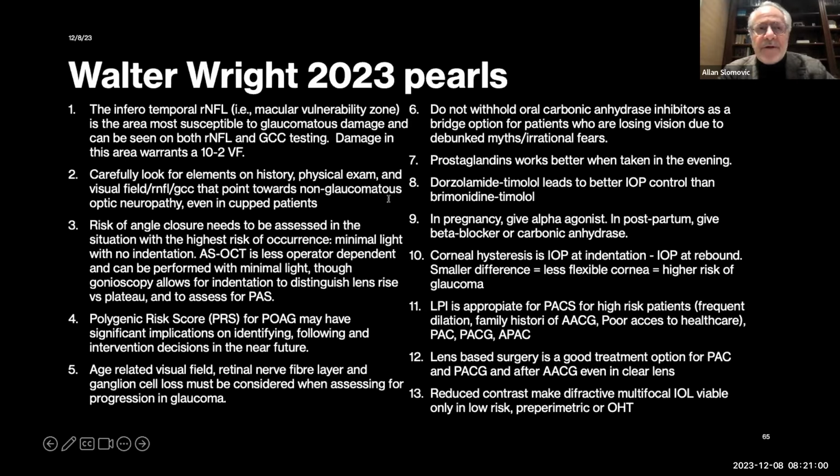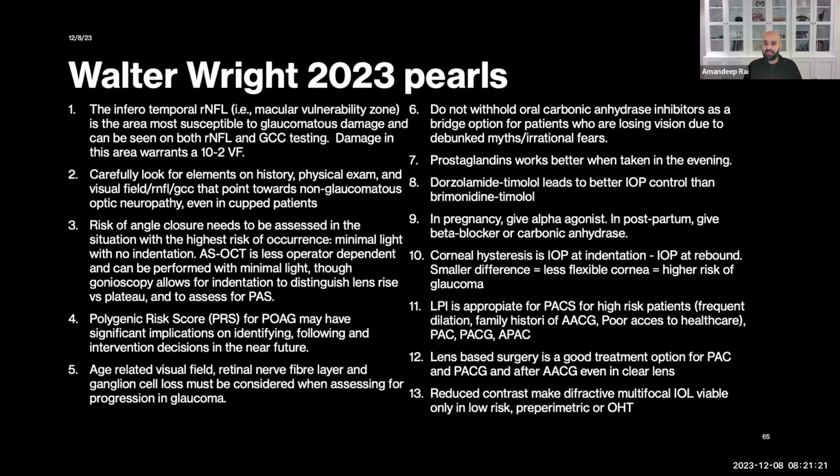So in a patient with moderate to advanced endothelial dystrophy, I'd probably go to a combination with a beta blocker and an alpha agonist rather than something like Cosopt. Great comment. Always good to have a corneal perspective to keep us in line here.